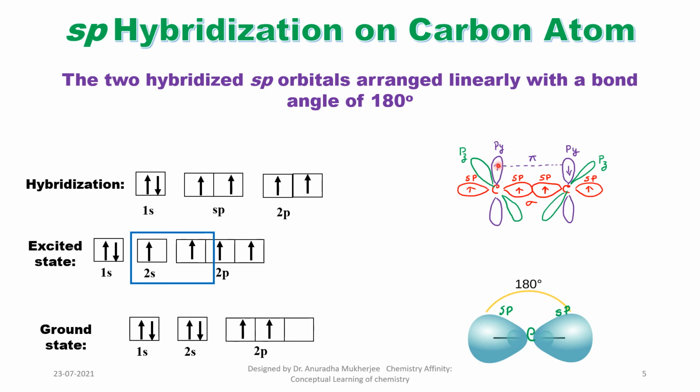So now there will be a parallel overlapping between the py orbitals, so a pi bond will form, and again there will be another overlapping between the two pz orbitals, so one pi bond will form. So how many bonds are we getting? Carbon-carbon one sigma bond, due to the face-to-face overlapping of sp orbitals, and two pi bonds. One is due to parallel overlapping of py orbitals and another due to parallel overlapping of pz orbitals.